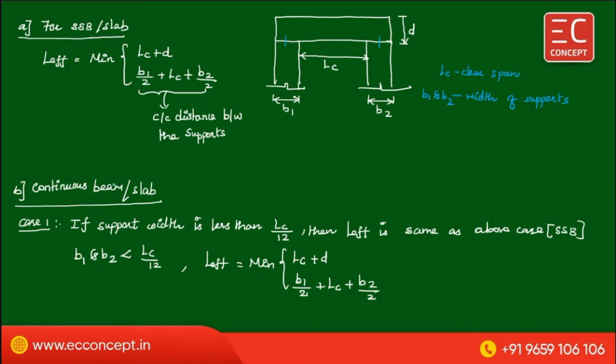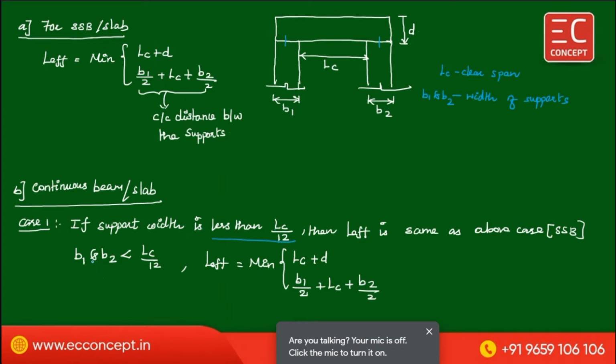At the same time, for a continuous beam or slab, there are two cases. The case depends on this condition: if the support width is less than Lc divided by 12, then L effective is the same as the above case, meaning the simply supported beam.